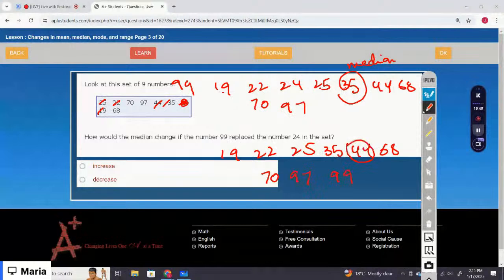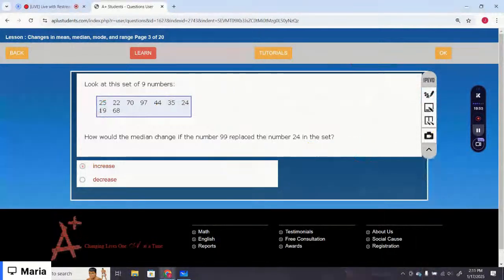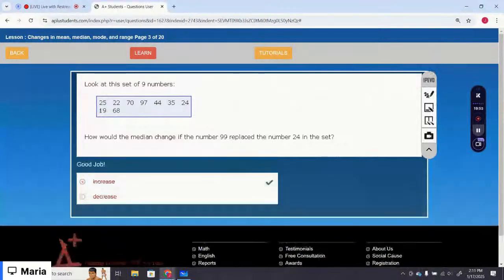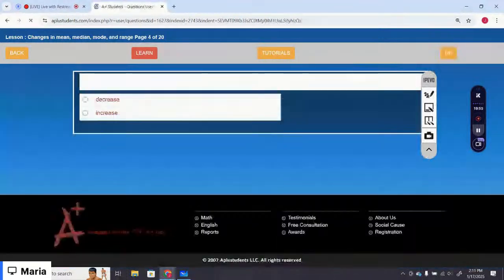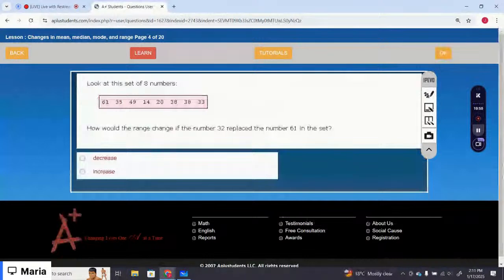The median is 44, so the median is increased. The correct option is increase. Option number 1 is the correct option.